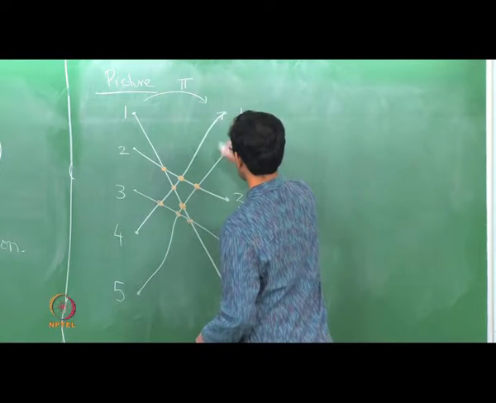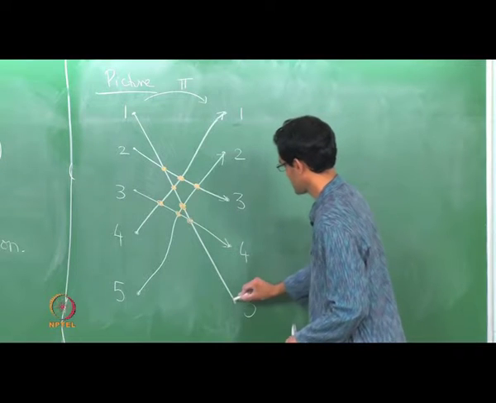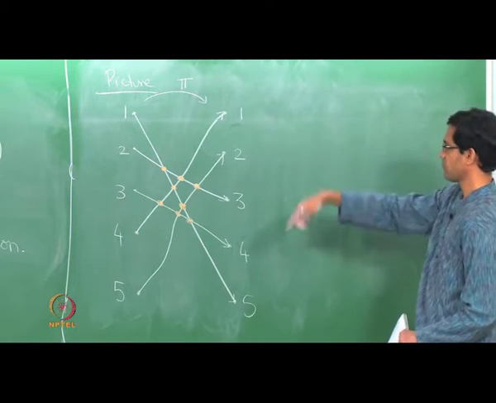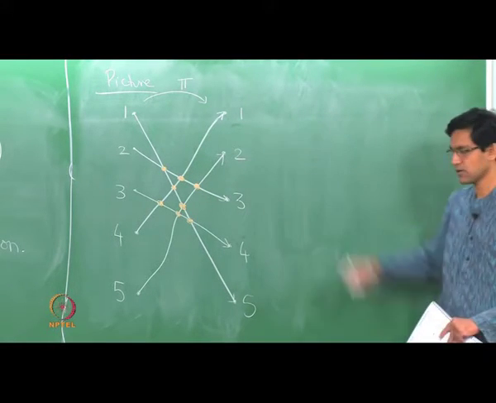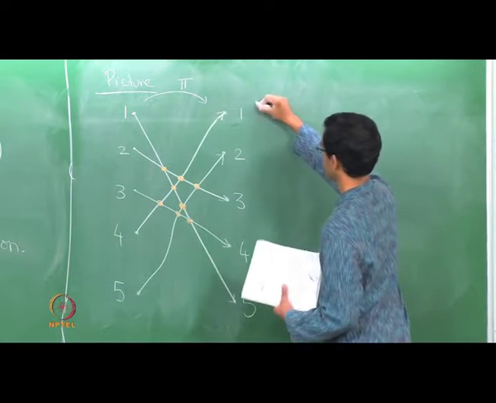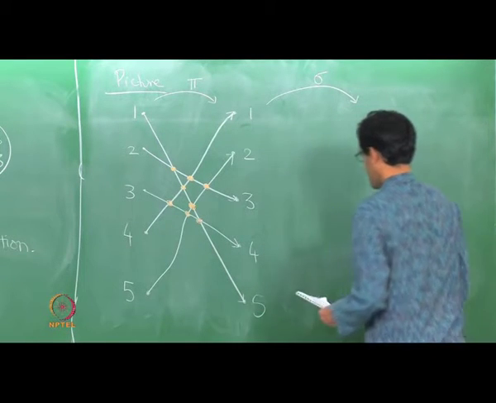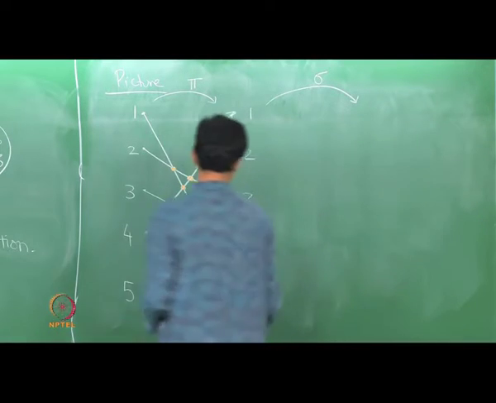So maybe I should draw arrows here. Okay, so 1, 2, 3, 4 and 5 under pi get mapped to whatever they get mapped to. So we have drawn the crossings diagram. Now let us look at the function sigma. So we need to do this one more step. So let us look at the function sigma and see what sigma does to these 5 numbers. Okay, so let us do this.